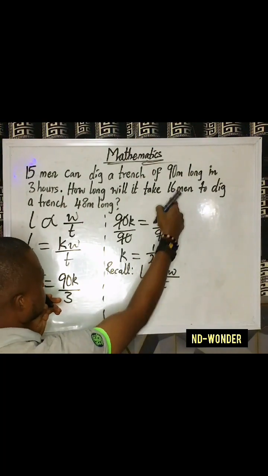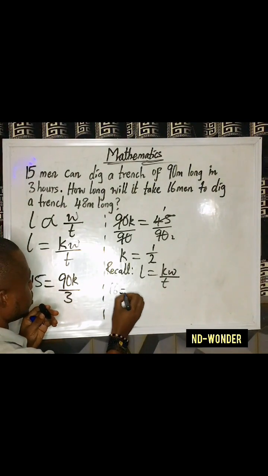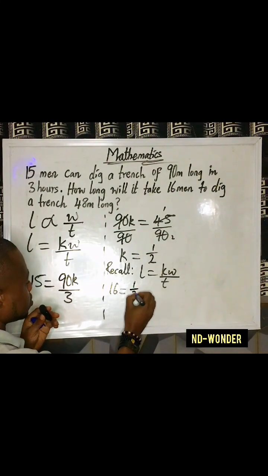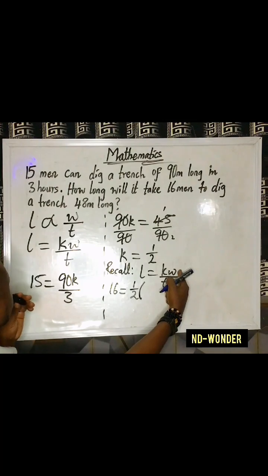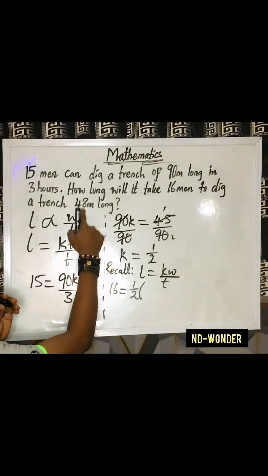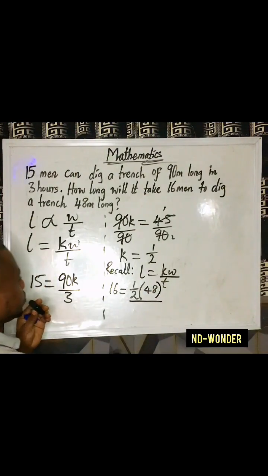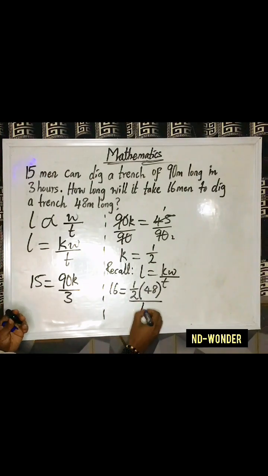The labor, which is 16. I'll have 16 is equal to K, which is already 1 over 2, so 1 over 2 in brackets. What is the work to be done, which is 48? Then all over T, which is here.